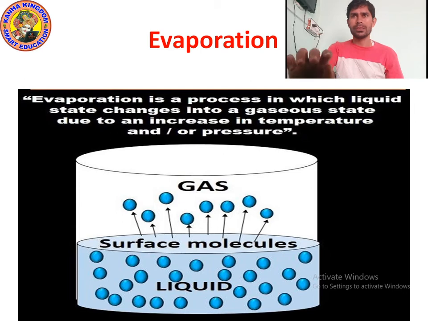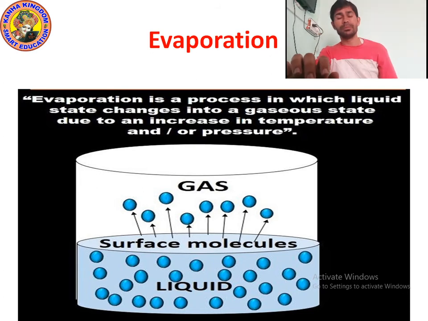You might have seen, you can do this experiment at home. Take a bowl, the correct pronunciation is bowl. Take some water, take 1 cup of water in the bowl and put it in the sunlight.